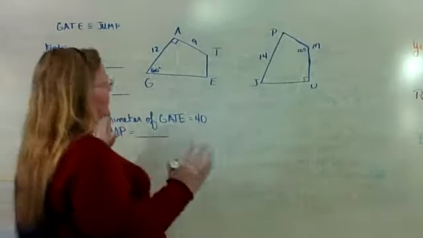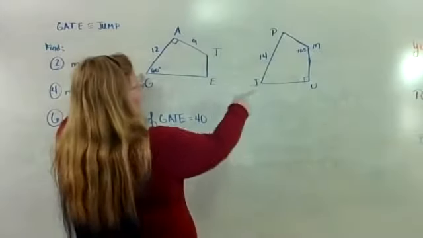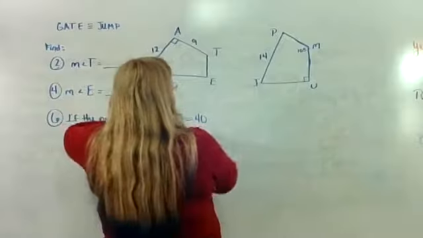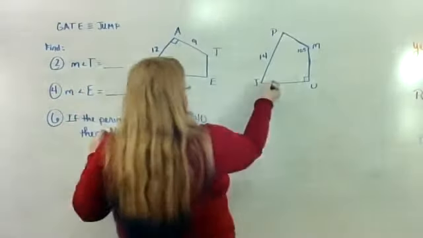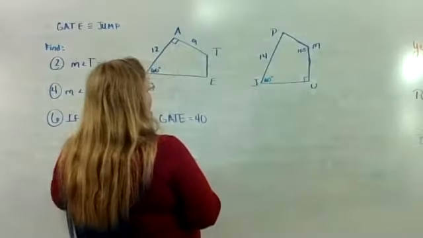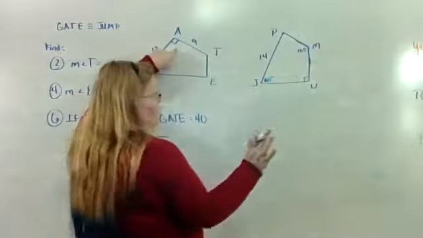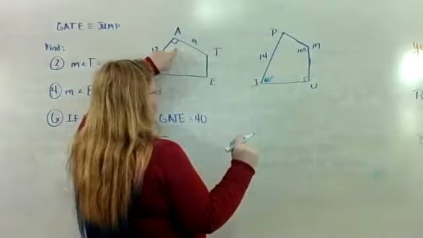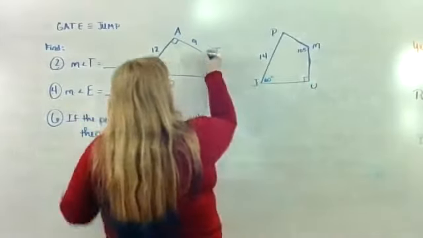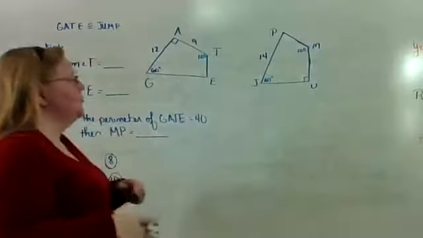So if it's congruent, then G has to be the same as J. So that would make this 60 degrees. A has to be the same as U, which is already marked that way. T has to be the same as M, which is 105. And then we don't know what E and P are.